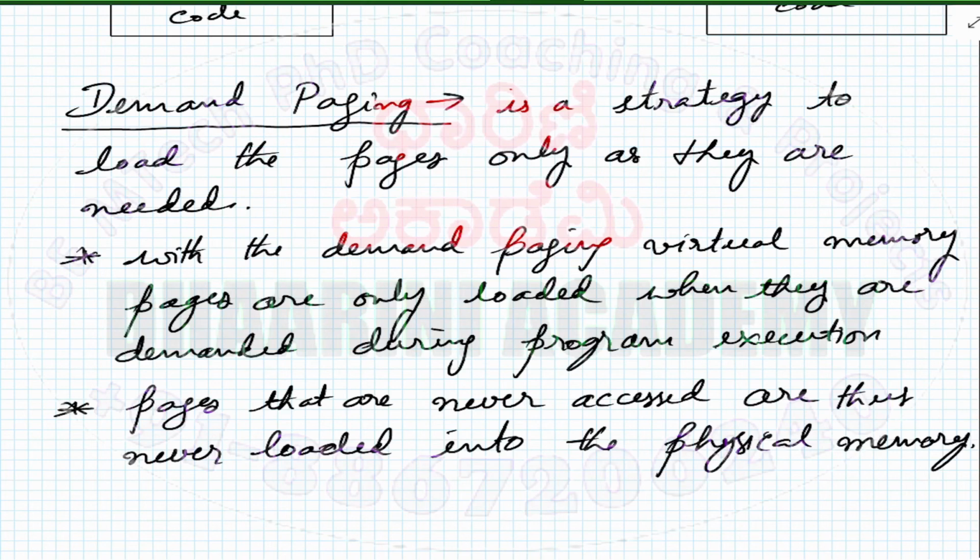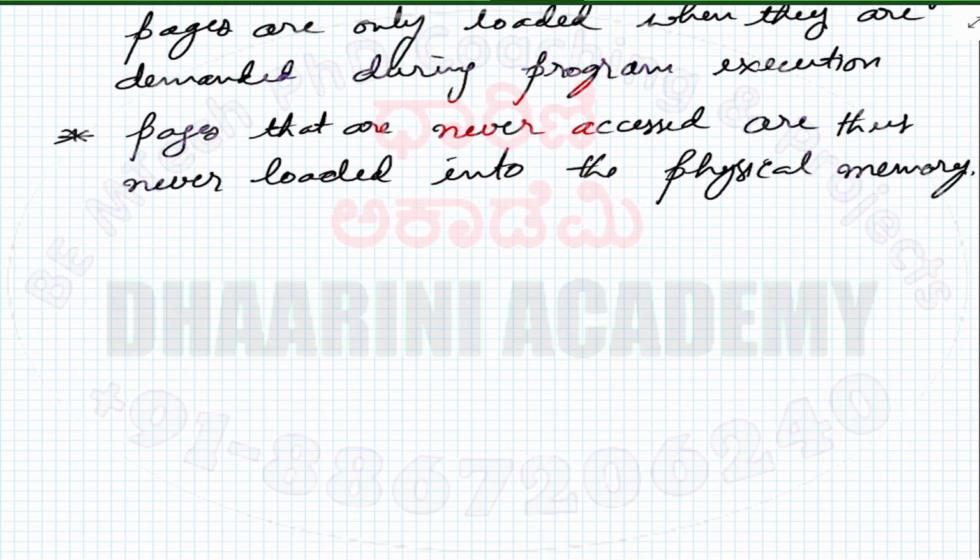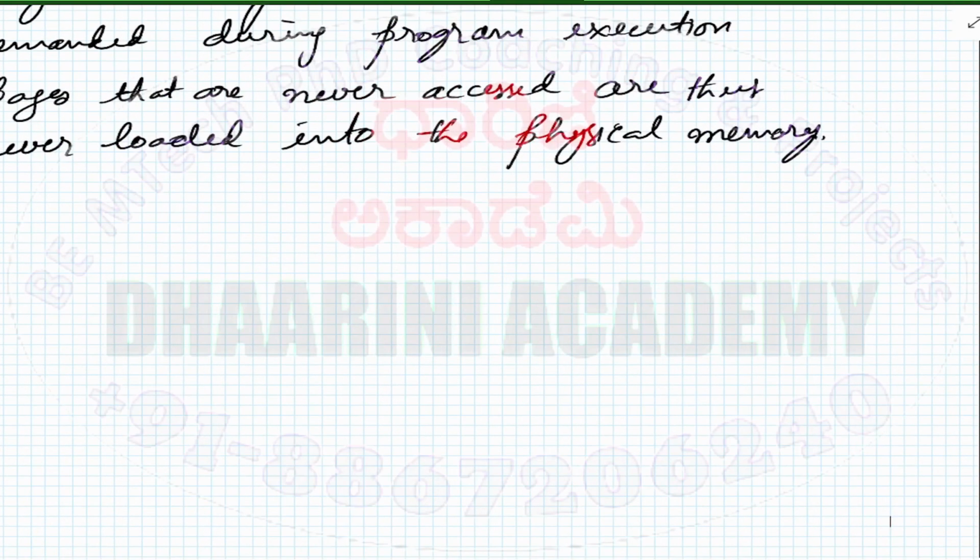Okay, now how does this demand paging work? We have the memory of a computer that normally gets accessed by using a technique called swapping. Swapping in the sense that whenever you have a program that needs to be loaded to the memory, it is swapped out from the virtual memory.